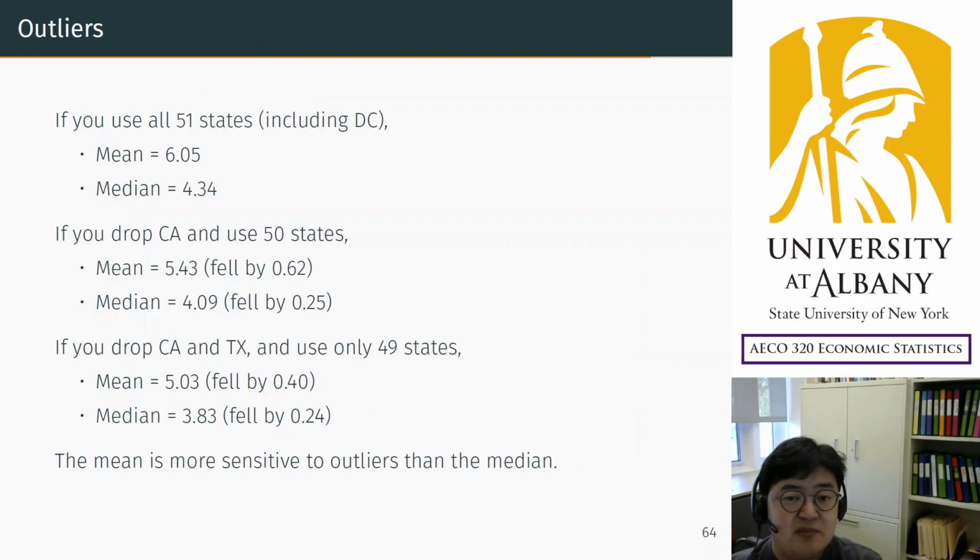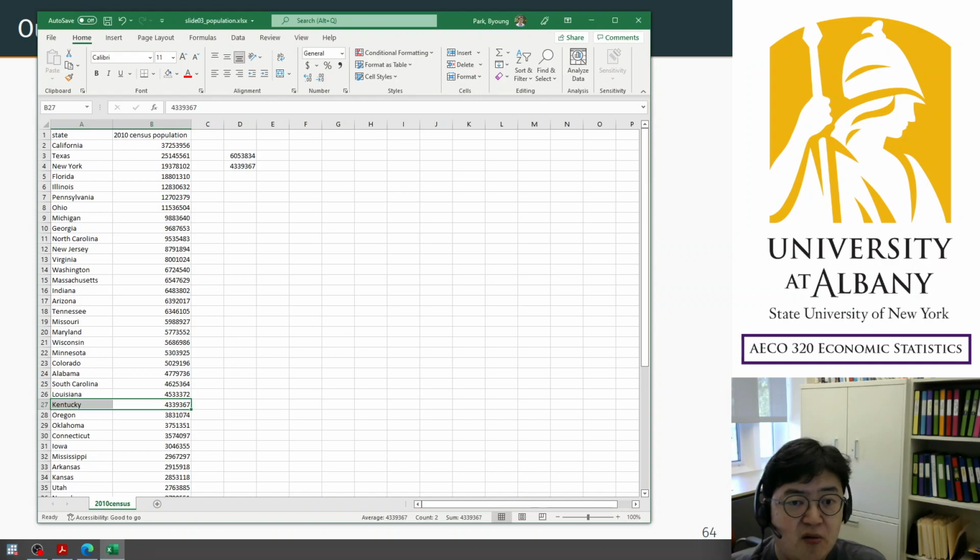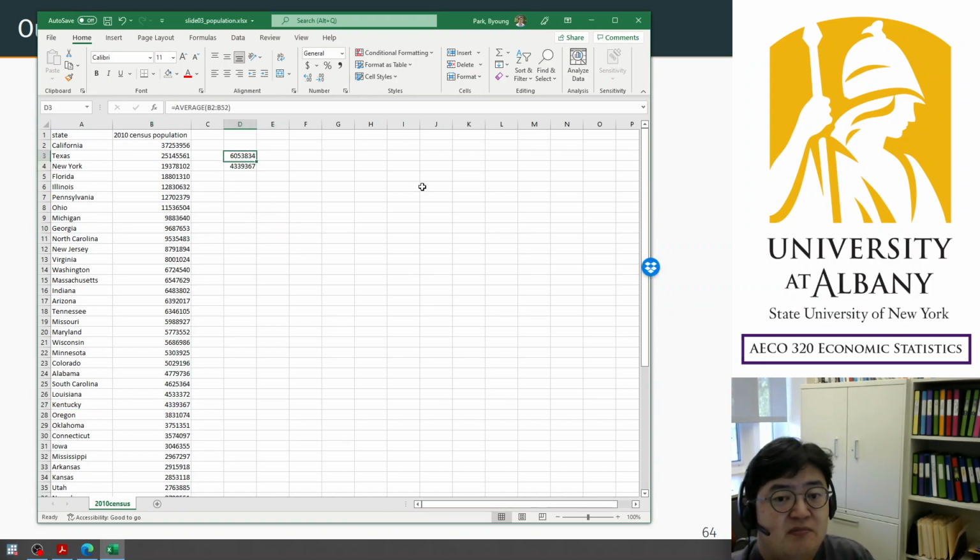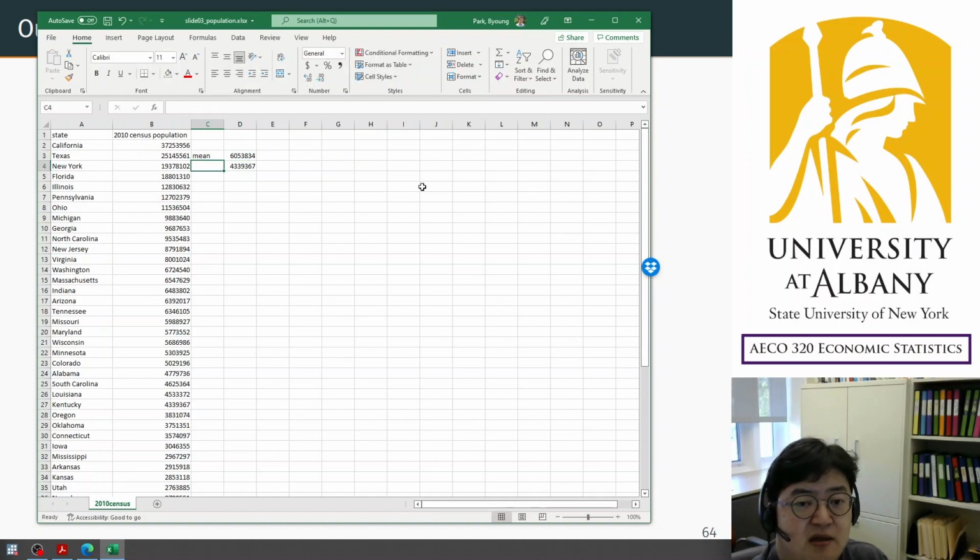So here is a simple experiment. I am going to calculate the mean and the median. So going back here, I have the mean and the median.